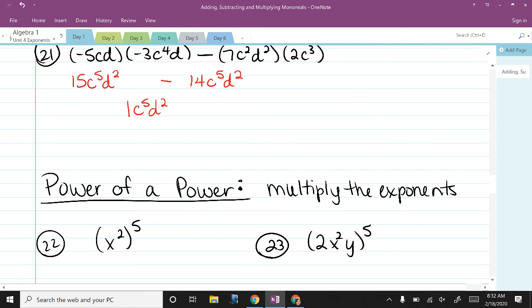Now, when you have a power of a power, you're going to multiply the exponents together. You're going to see these with parentheses. So you will always have parentheses when you do a power of a power.